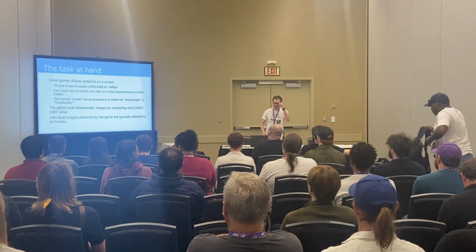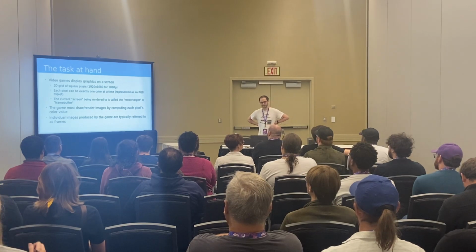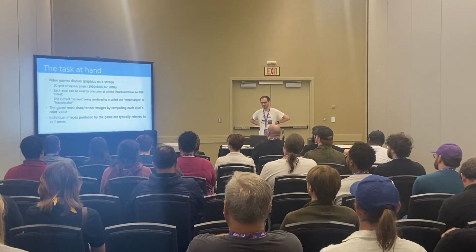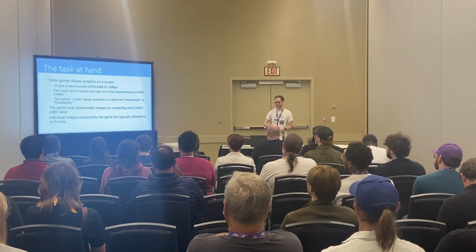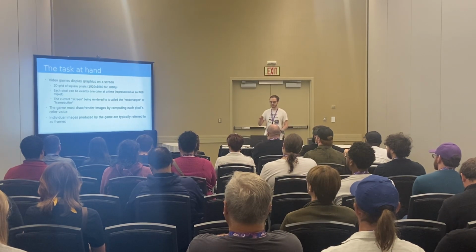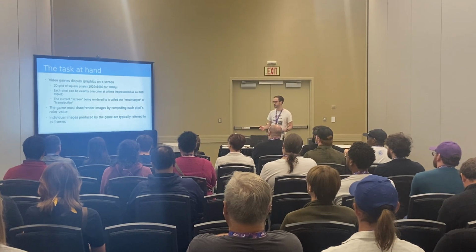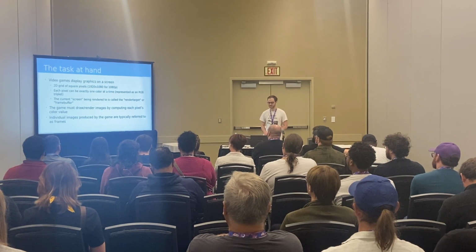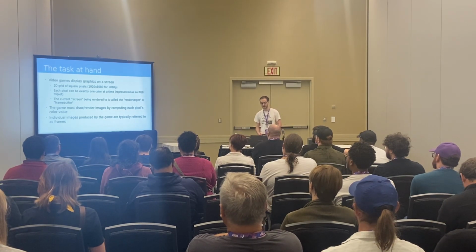So let's begin. Let's talk about video game graphics technically and what the task at hand really is. Video games display their graphics on a screen. And we're going to say that a screen is just a 2-dimensional grid of square pixels, like you have 1920 by 1080 at 1080p. Each pixel on the screen can be exactly one color at a time.